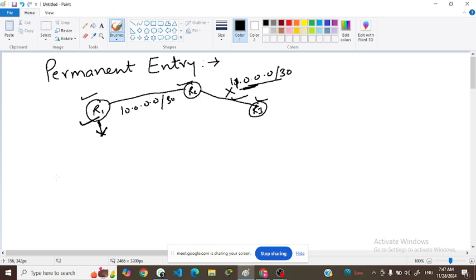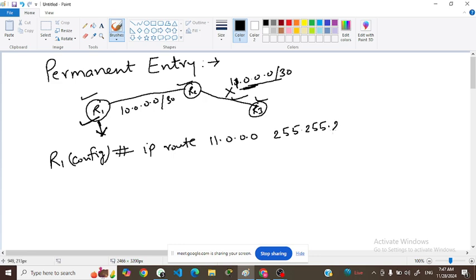So the command will be here: R1 config, ip route 11.0.0.0 255.255.255. What will be the subnet mask value in the last octet? 252.